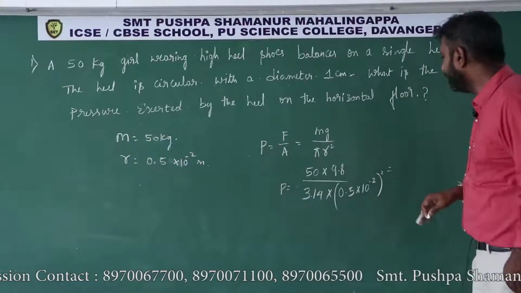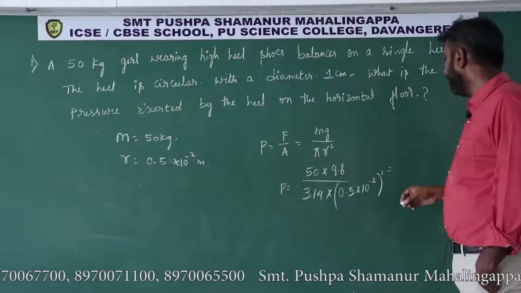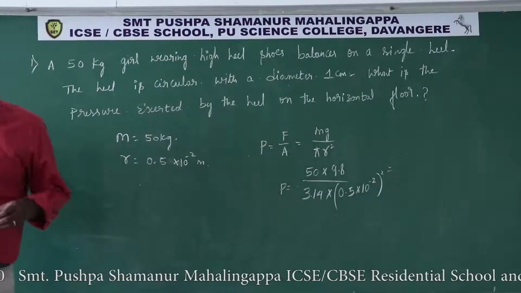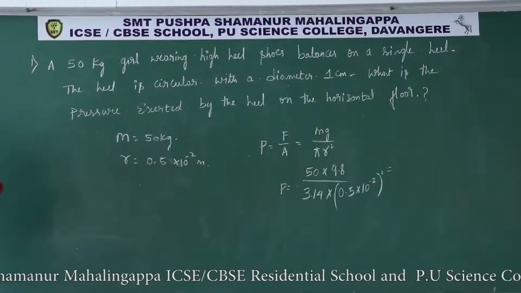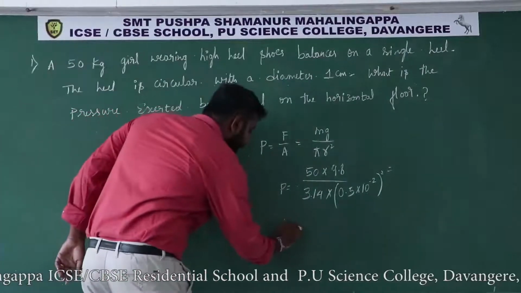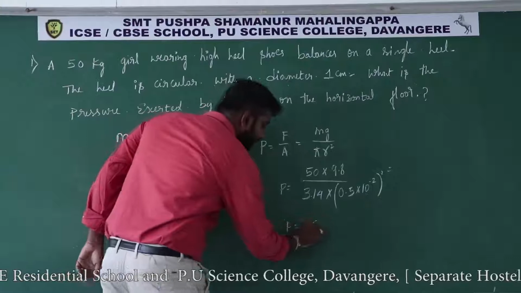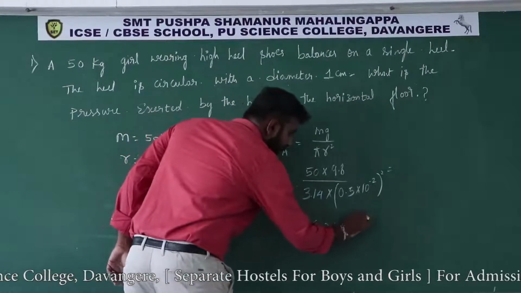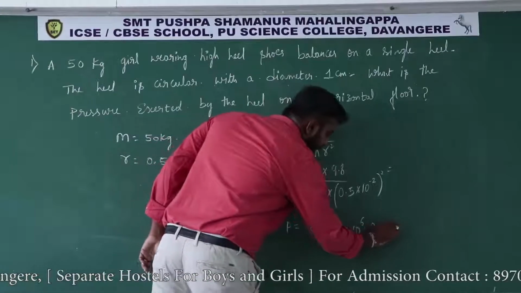In the numerator, 50 into 9.8. So the overall answer you will get is P equals 6.24 into 10 to the power 6 Pascal.